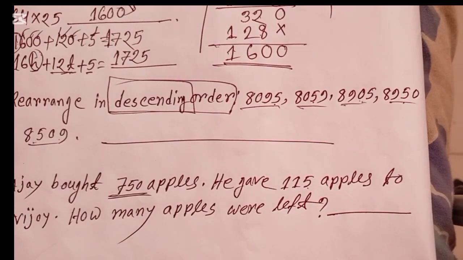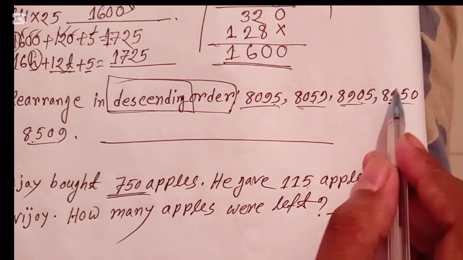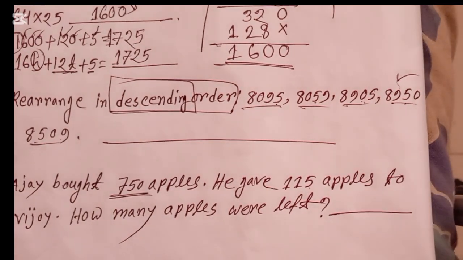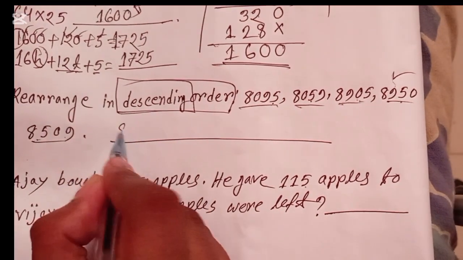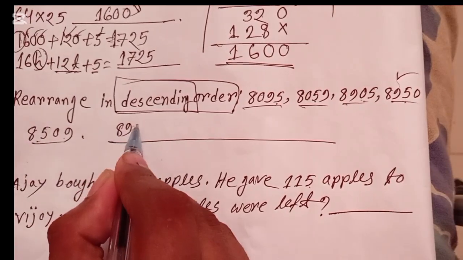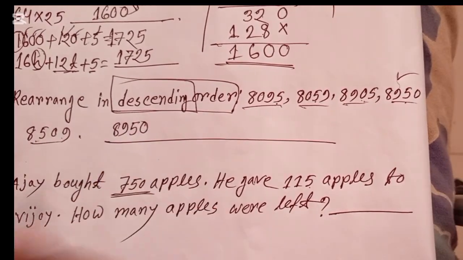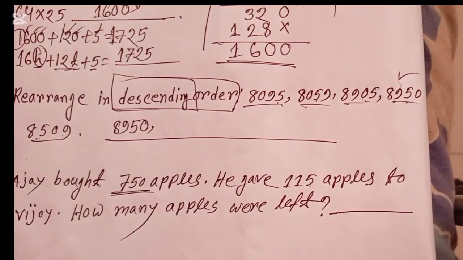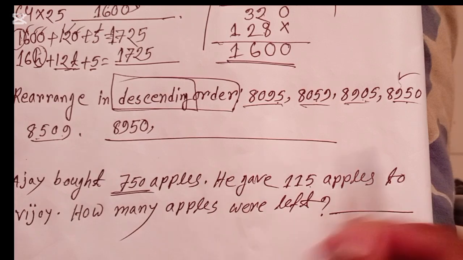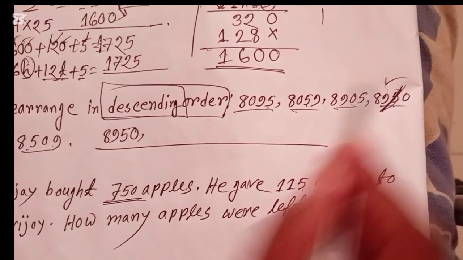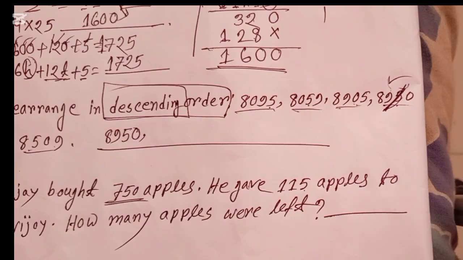Which one is the biggest number? Yes, the biggest number is 8950. So first of all, we have to write 8950. Okay, after that which one is the biggest number?